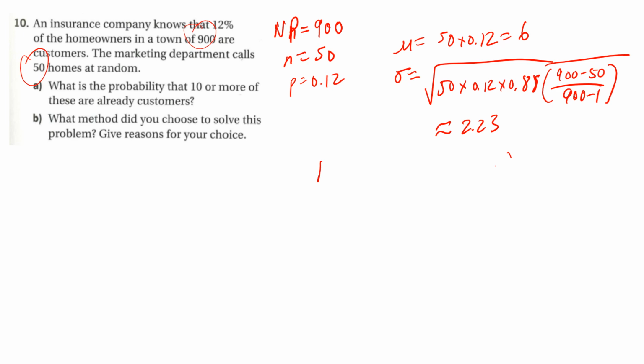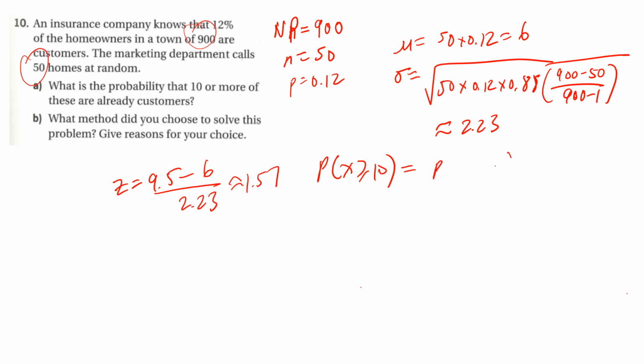Now, I want to find the probability of x being greater than or equal to 10. So we start at 9.5 because we want to include 10. Our z-score is 9.5 minus 6 all over 2.23, around 1.57.